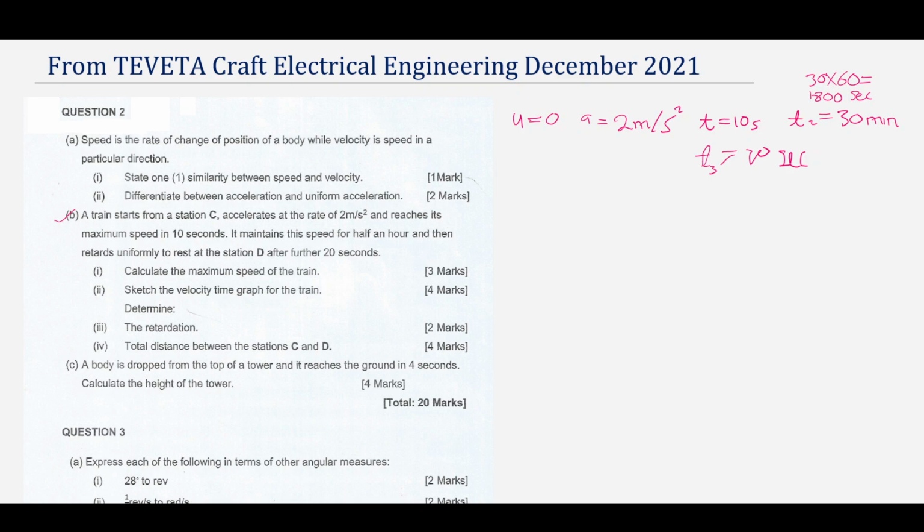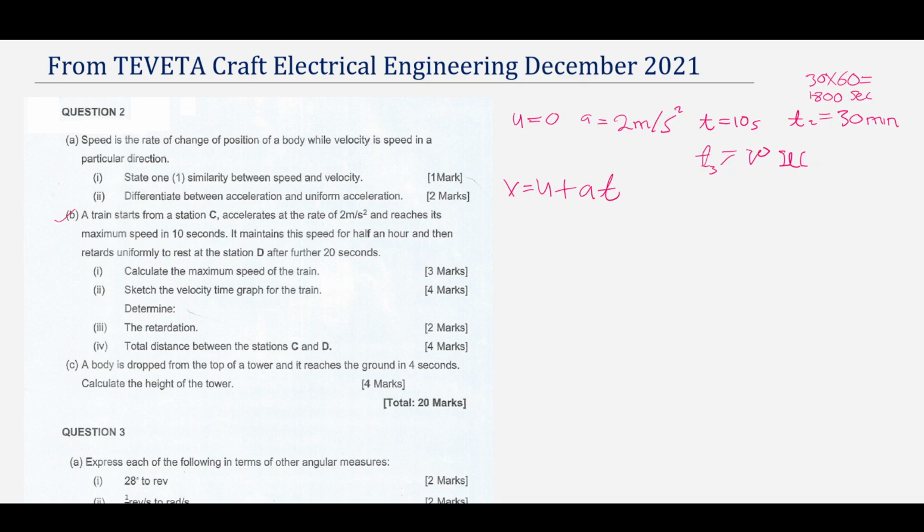Okay, question number 1, calculate the maximum speed of the train. So the statement says the train reached its maximum speed after 10 seconds, and we know that it started from rest. So we can use this equation. V, which is the maximum speed, is equal to U plus AT.